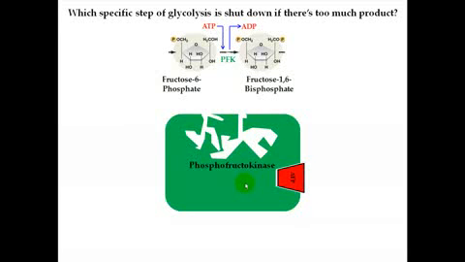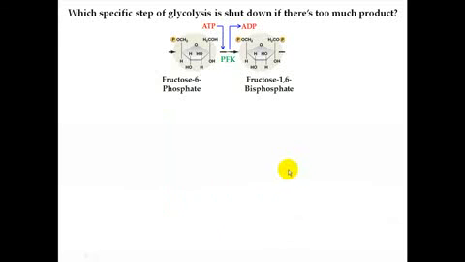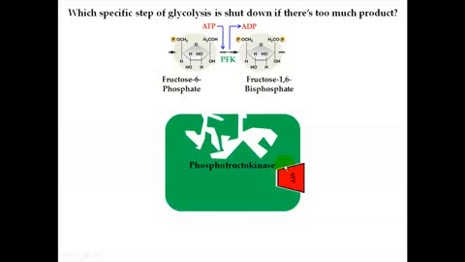And so the key to understanding how this works is to figure out the situations where ATP would bind here versus the situations when ATP would bind here. And so the thing that is responsible for determining that is this.